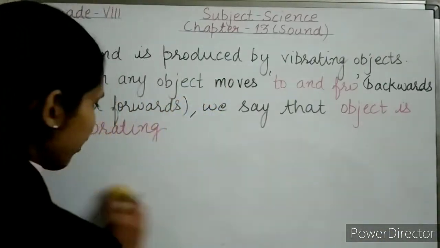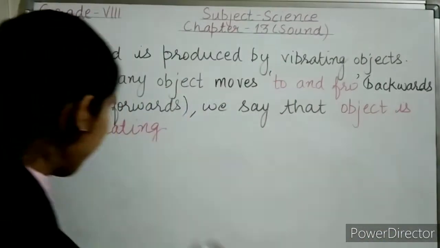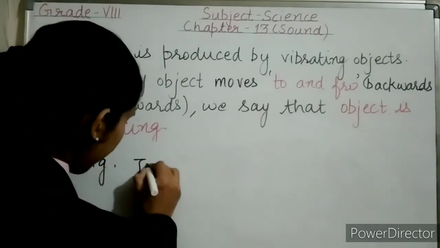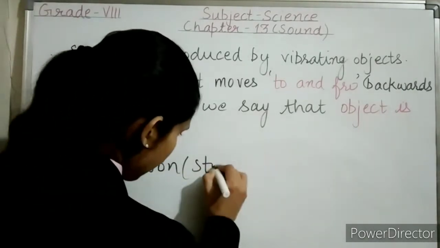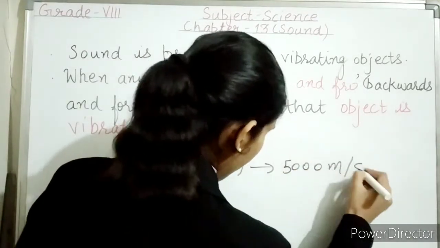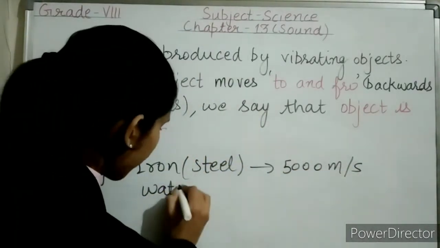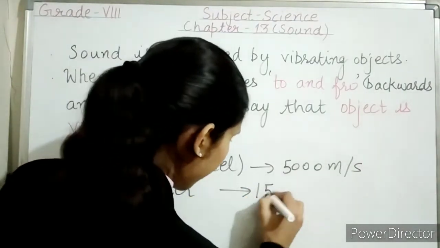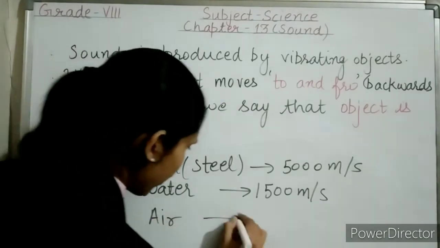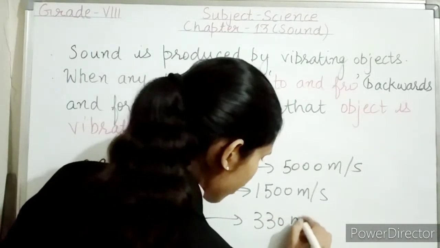So if we compare the speed of sound in different mediums, for example, take any solid medium, let's say iron, or you can take steel, it is 5,000 meters per second. If we talk about water, the speed of sound in water is 1500 meters per second. The speed of sound in air is 330 to 340 meters per second.